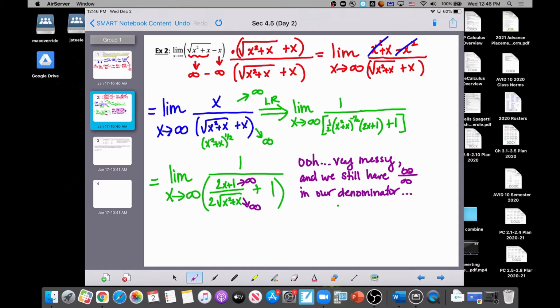Okay, so the thing is we could do L'Hopital's rule again, but we would first have to simplify this, and it would take a lot of really messy algebra. So at this point, let's backtrack for a second, okay?